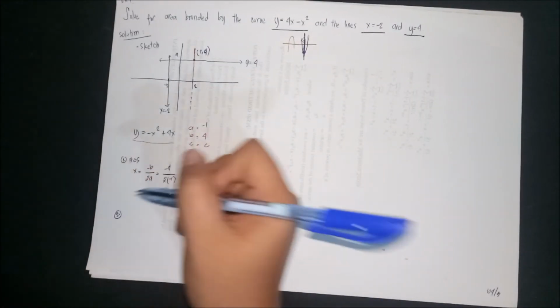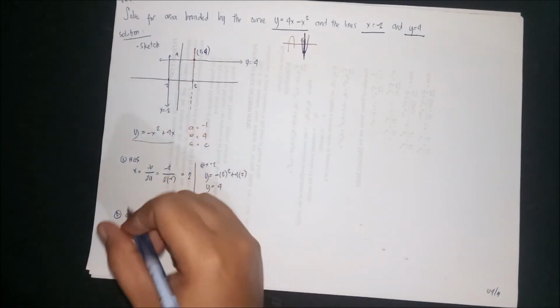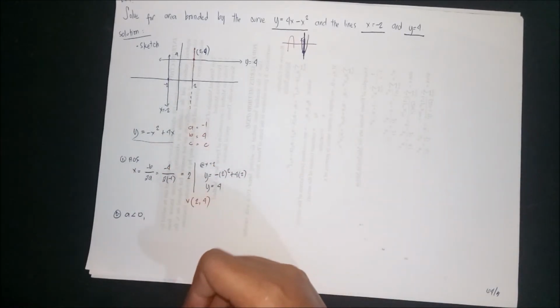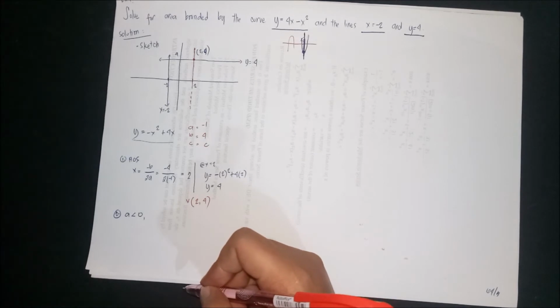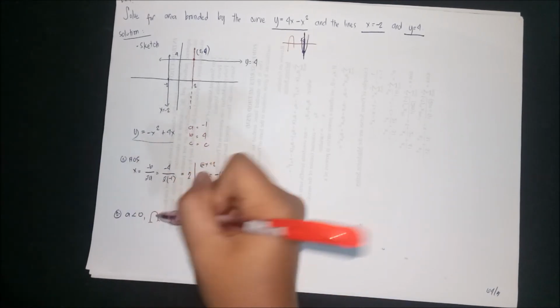Next class, check upin natin si A. Si A is negative 1, that is less than 0. So, ibig sabihin, pag less than 0, that is downward. Sadya, kasi less than 0. Ayan, downward. Sad. Next.